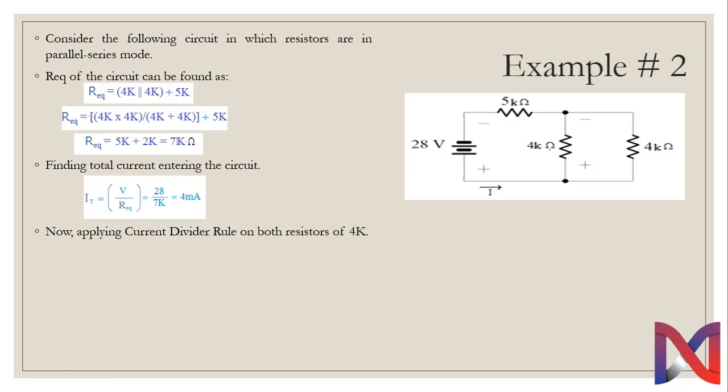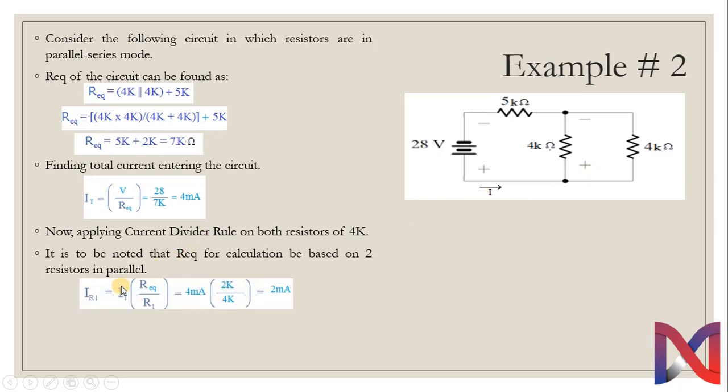Now applying the current divider rule on both 4 kilo ohm resistors, we know that the current is dividing at the parallel resistors. Therefore, here we will take the equivalent of these two resistors only instead of taking the equivalent for the whole circuit. As I already mentioned, the R equivalent for calculation will be based on the two resistors that are in parallel combination.